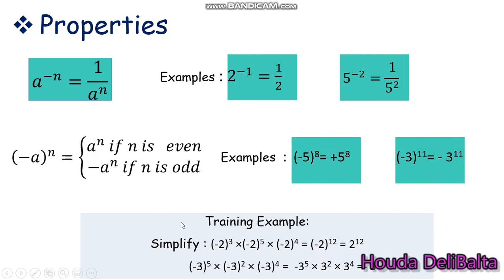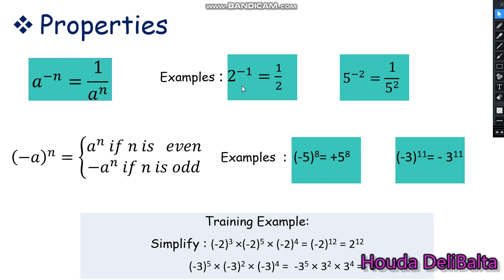More properties concerning negative exponents. You know that a power minus n is indeed 1 over a power n. So, the meaning of the negative exponent is that whenever you have a negative exponent, that means it's the reciprocal of the powered number.